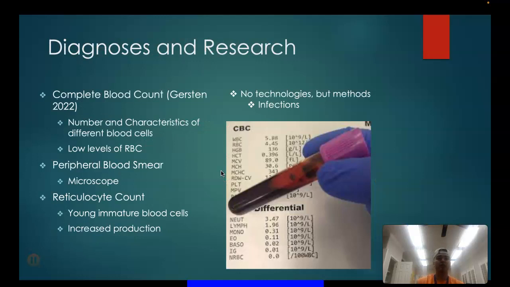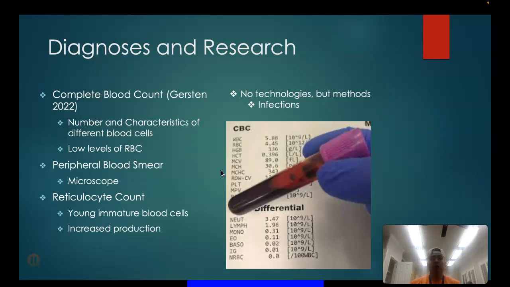So for diagnosis and research, the first thing to look at is a complete blood count, or a CBC. This shows the number and characteristics of the different blood cells. And so in hemolytic anemia, the CBC may reveal low levels of red blood cells. You can see one right there to the right in this image.